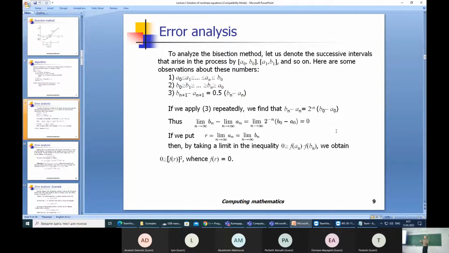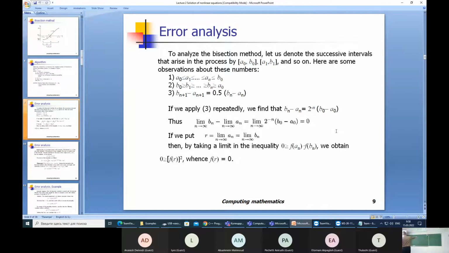I don't know which half, but it's a half. A2, B2 will be half of this half, a quarter, and so on. So the next interval is twice smaller than the previous one.